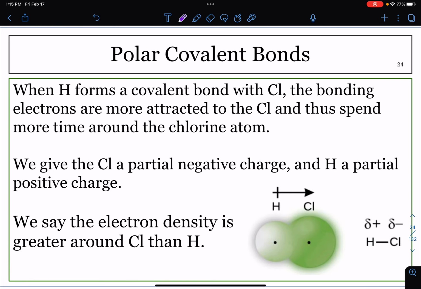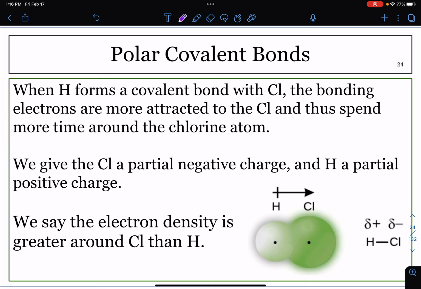Here's an example. When chlorine and hydrogen form a bond, they each share one electron with the other, but chlorine has a higher ability to attract electrons, so the bonding pair of electrons spend more time around chlorine than hydrogen. This causes chlorine to have a partial negative charge and hydrogen to have a partial positive charge. We say that the electron density is greater around chlorine than hydrogen.